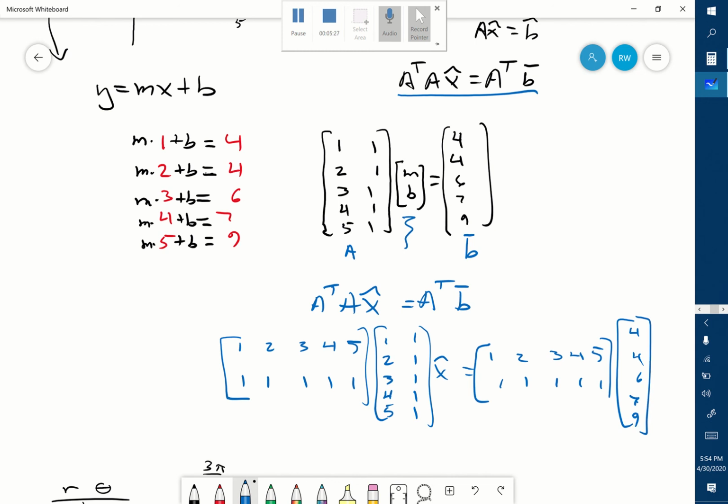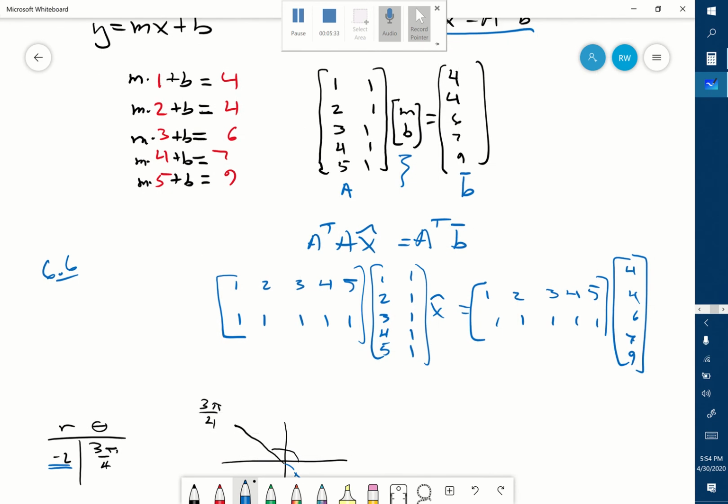And this would be a homework problem in section 6.6, using this to come up with the least squares.